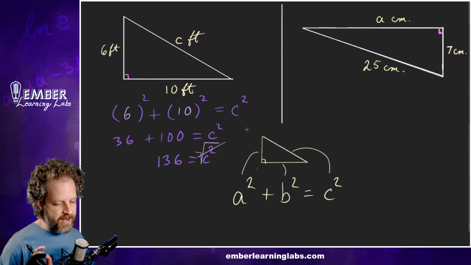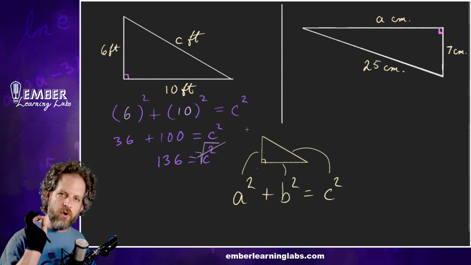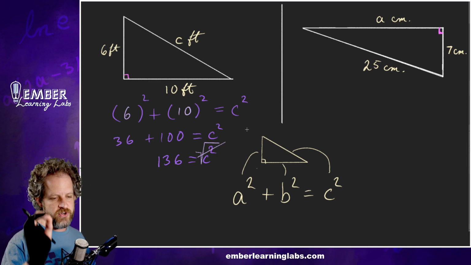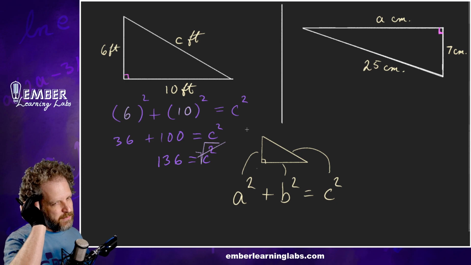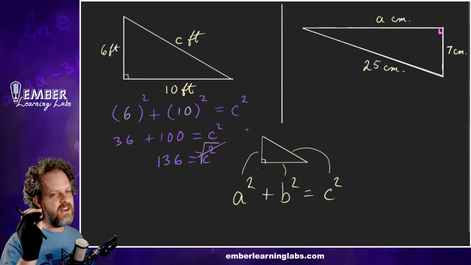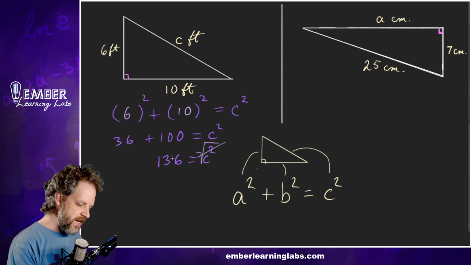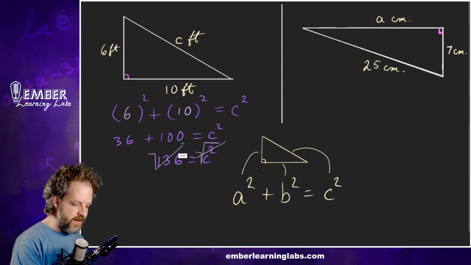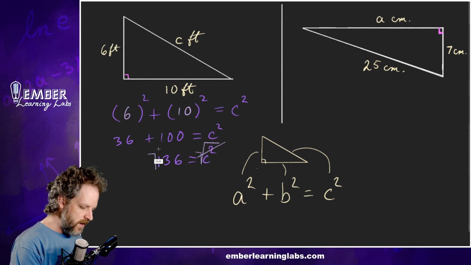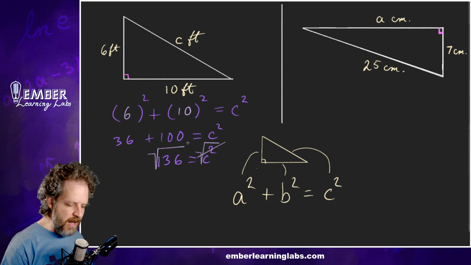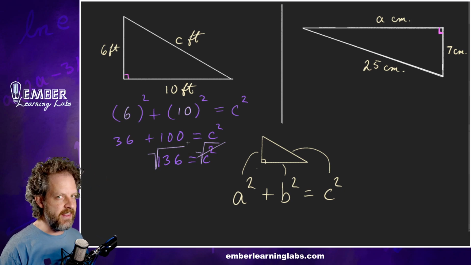I'm not going to write this down, but it is worth noting for the future, because we're going to see this later when we talk about quadratics and other things, that whenever we take the square root of both sides of an equation, you end up with plus or minus that thing.